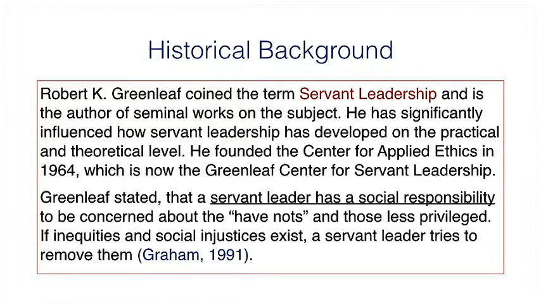Greenleaf stated that a servant leader has social responsibility. That is, social responsibility to be concerned about the have-nots and those less privileged. If inequities and social injustice exist, a servant leader tries to remove them. So again, this was mentioned by Graham, who reflected back upon Greenleaf's work and Greenleaf's contributions.